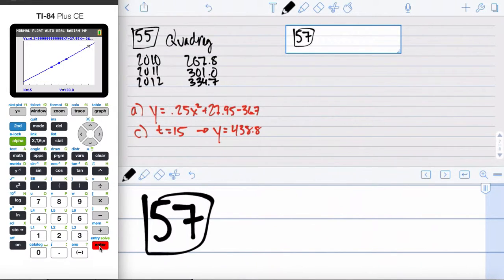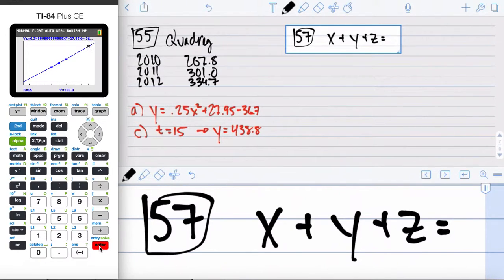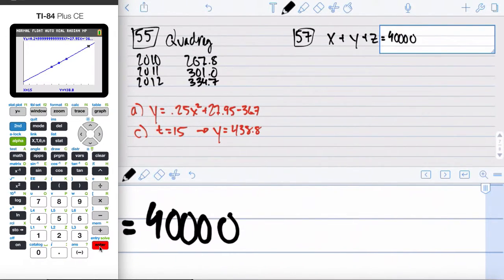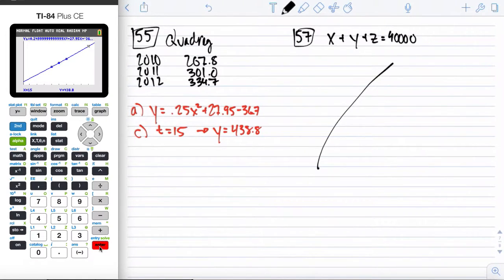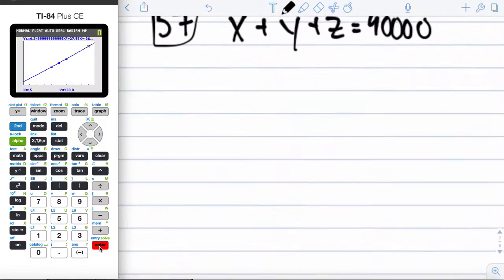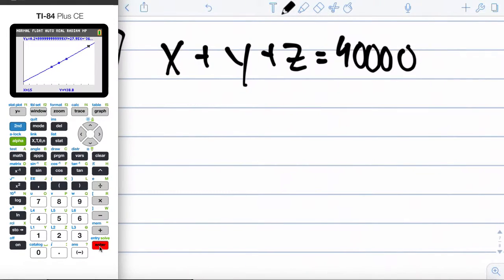57, an inheritance of $40,000 was divided among 3 investments, yielding $3,500 in interest per year. So X plus Y plus Z is equal to 40,000. 3 investments, that's how much we invested. Okay. Then interest per year.